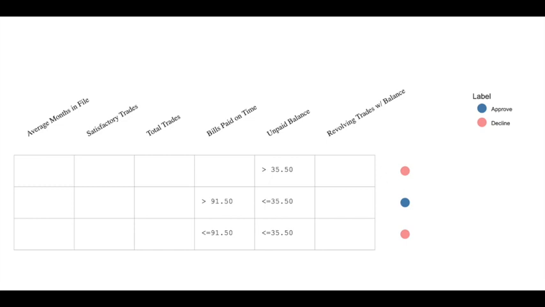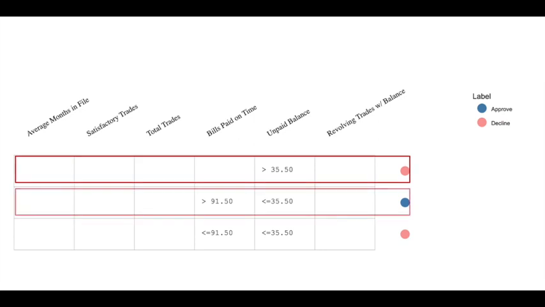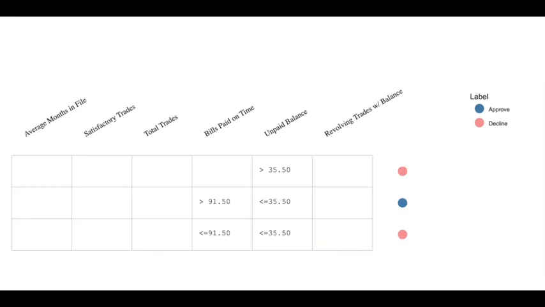One way to describe this process is through the use of a set of rules. Using the credit card application example again. The way the machine learning model makes decisions can be described by the set of rules that you can see here. We have 3 rules in this diagram. When an application comes, if its unpaid balance is bigger than 35.5, then the application is labeled with decline.